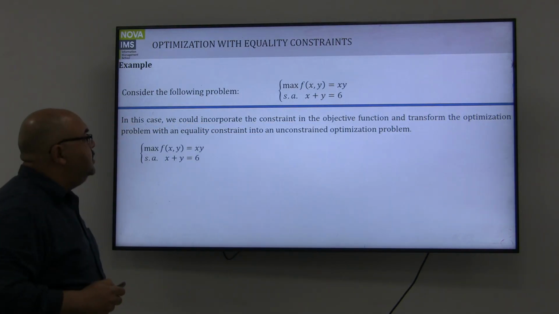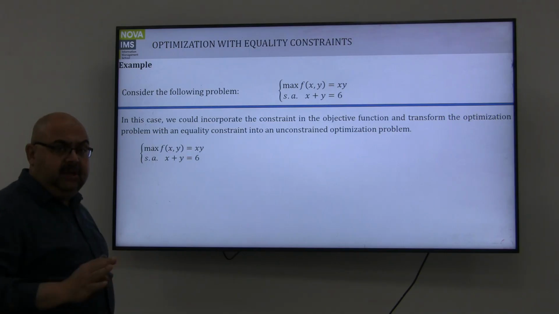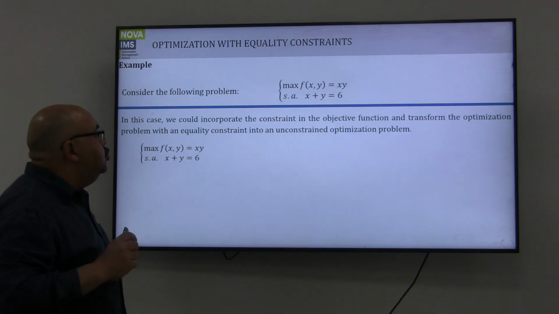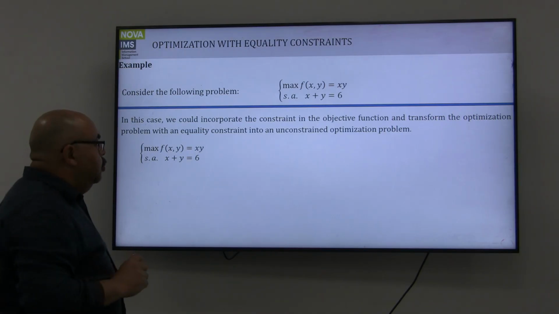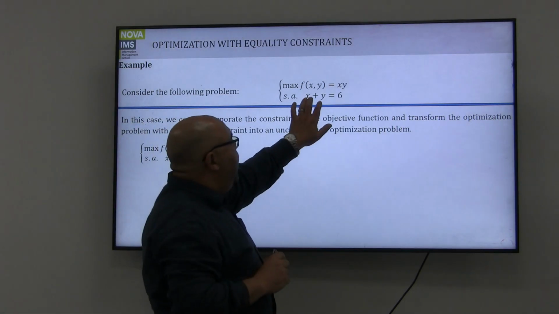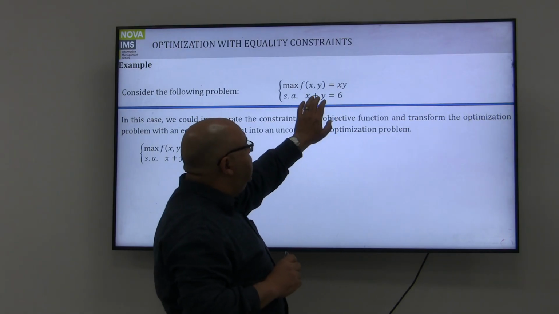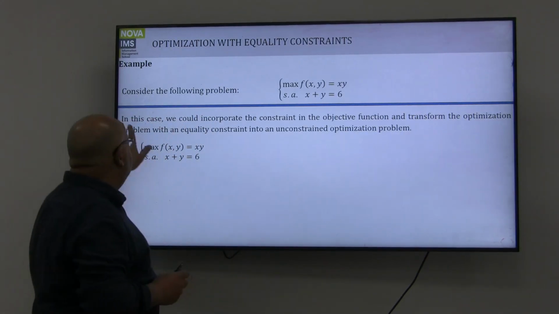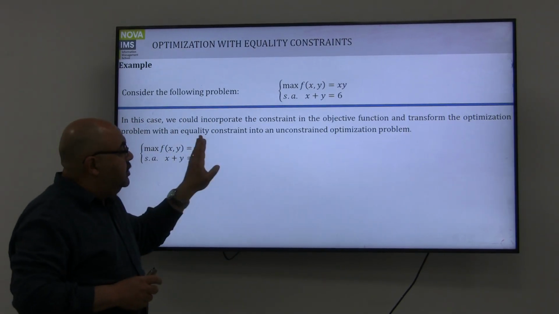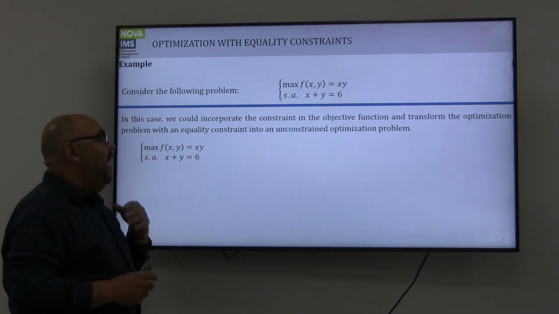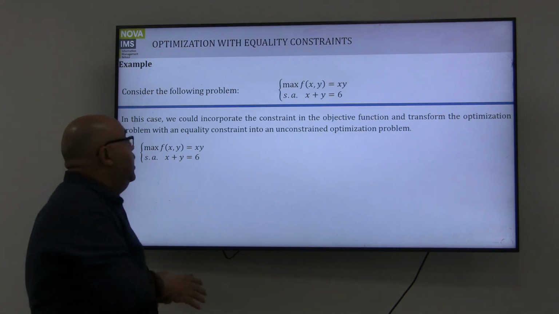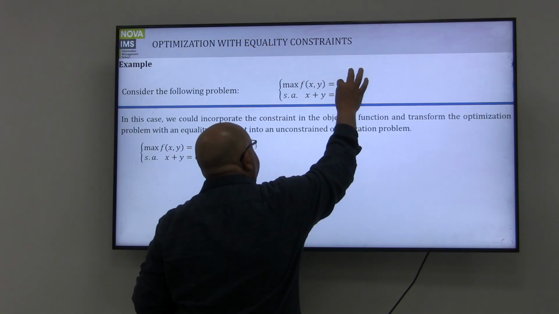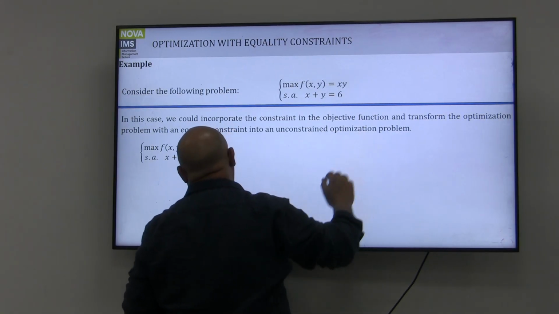In order to do this, the bottom line is to try to make a substitution using the constraint, embedding it in the objective function. In this case, we could incorporate the constraint into the objective function and transform my optimization problem from a constrained one into an unconstrained one.